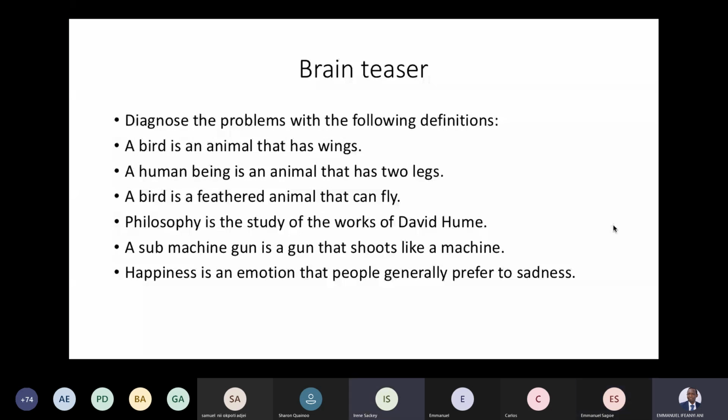So we didn't look at that aspect of circularity. I think we're going to see it later on. So is the answer begging the question? Your main answer could be that it begs the question.